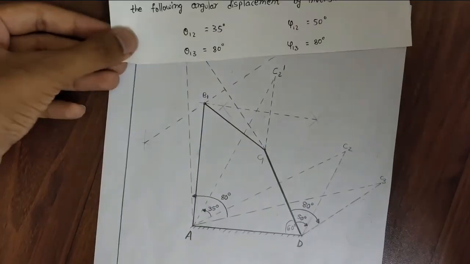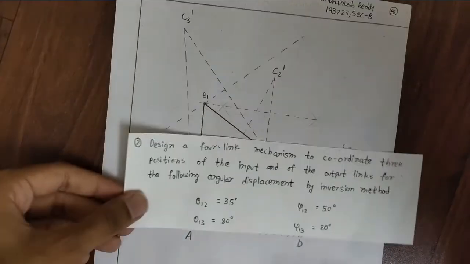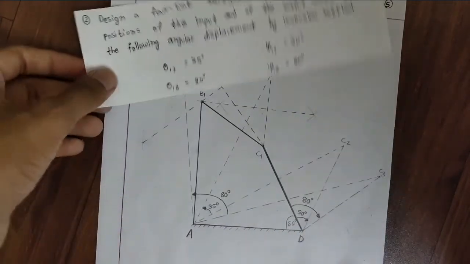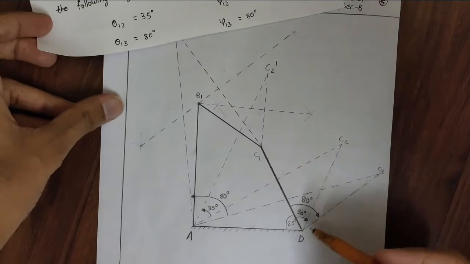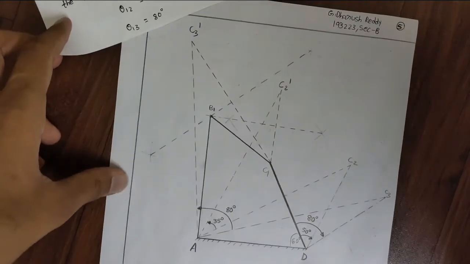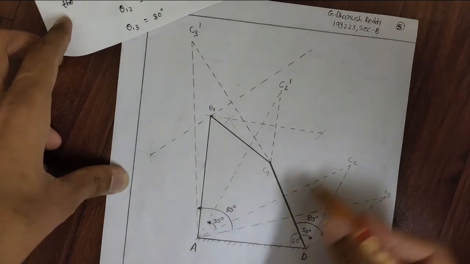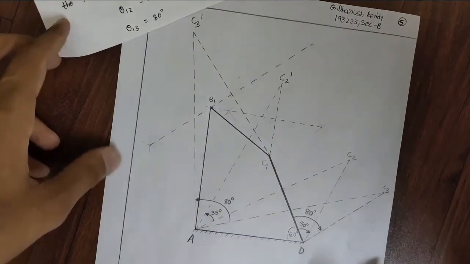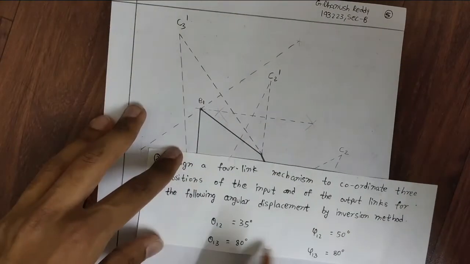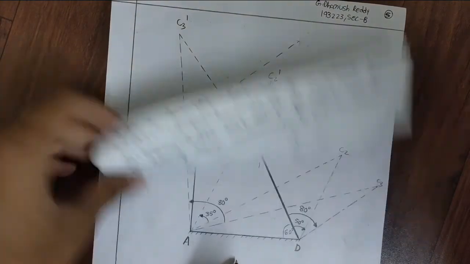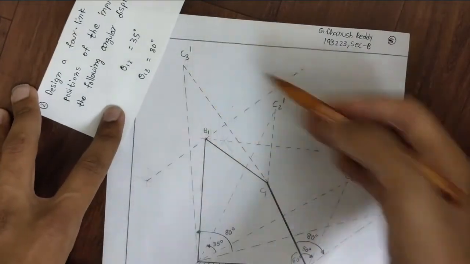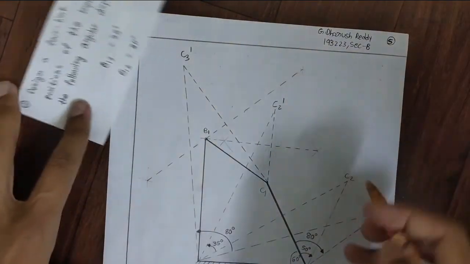Now rotate DC1 through angles 50 degrees and 80 degrees in the clockwise direction to obtain the points C2 and C3 respectively. Now join AC2 and AC3. Now AC2 and AC3 are rotated through the given angles 35 degrees and 80 degrees in the anti-clockwise direction to obtain the points C3' and C2'.